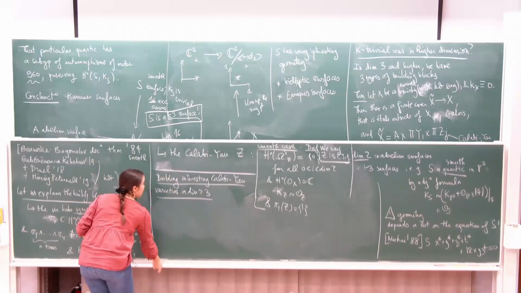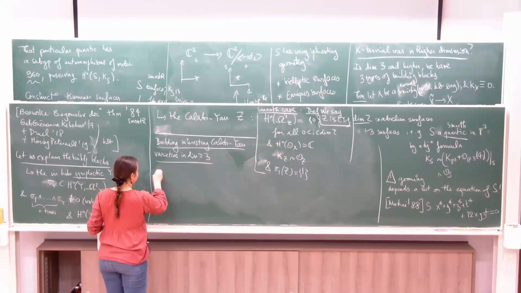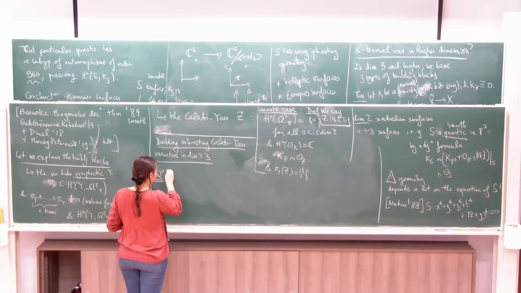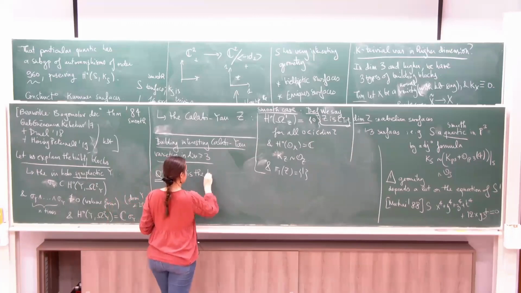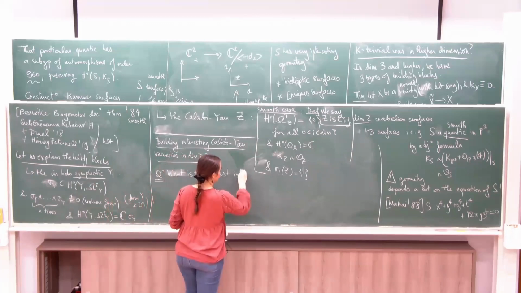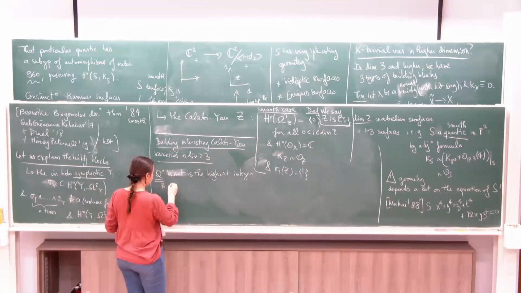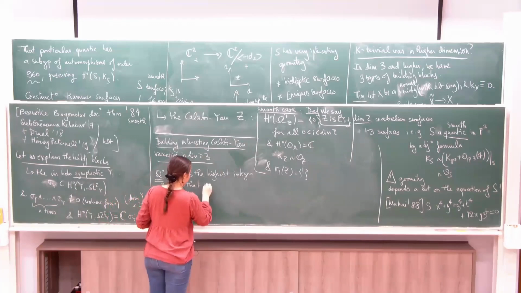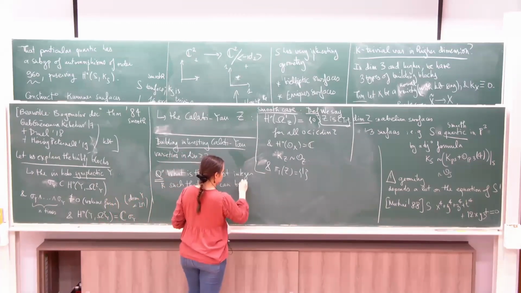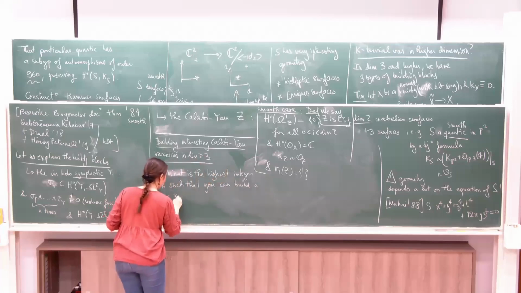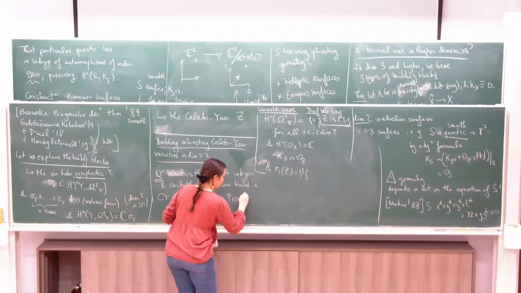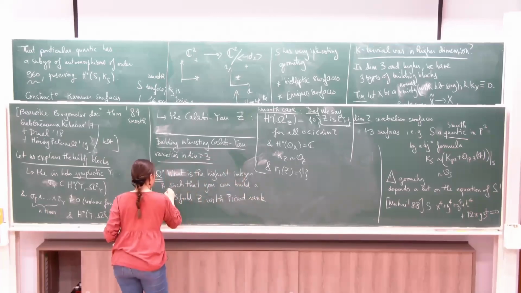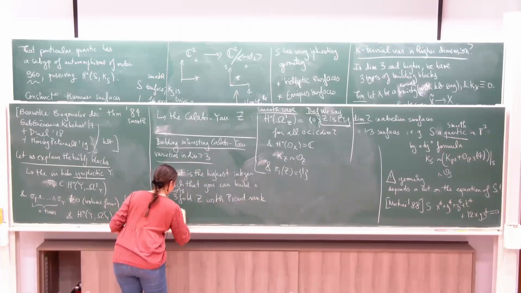So maybe I ask a question that I don't know the answer to, and that I'd be very happy to discuss with anyone, maybe also after the talk if they have any idea: what is the highest integer R such that you can build a smooth Calabi-Yau threefold Z with Picard rank rho(Z) equal R?